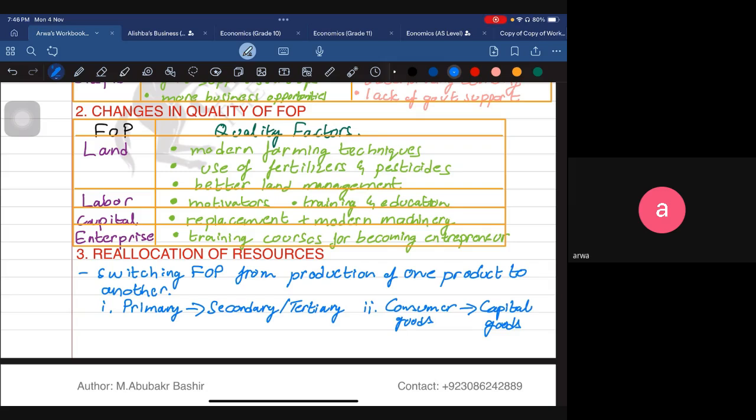Okay, so if we move from primary to secondary, how can this change occur, and how is it going to affect the economy overall? Basically, if we're moving factors from primary to secondary, instead of labor mining for resources, they will be in factories making the finished product.